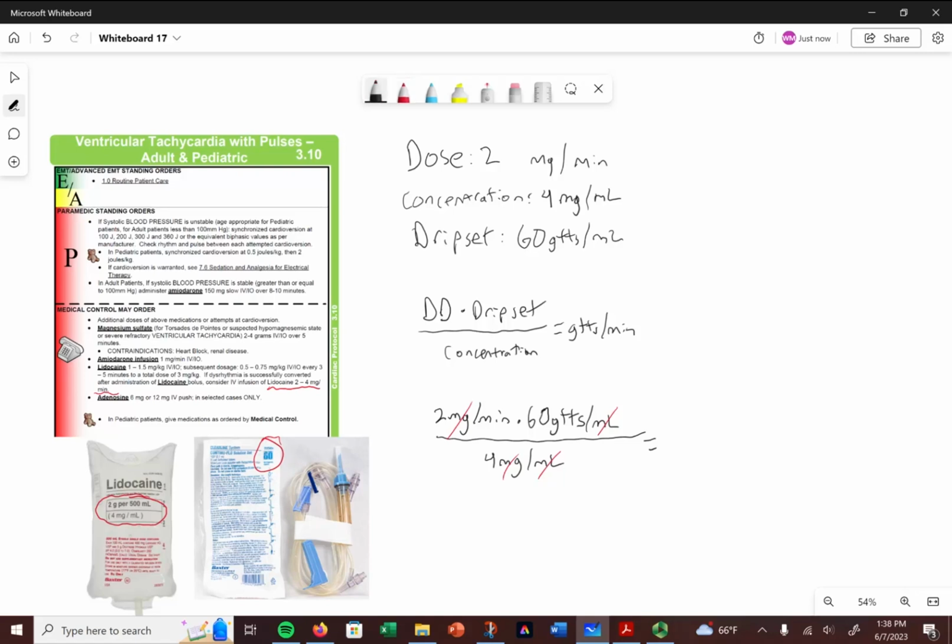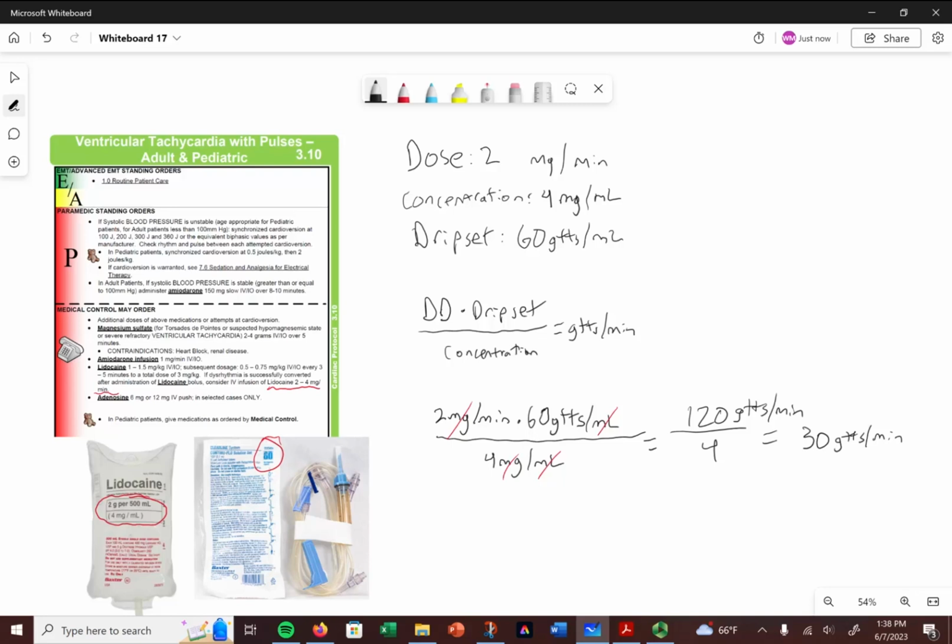So I will do 2 times 60, which is 120, over 4. And I have my GTTS per minute here, and that's where I'm getting those from. So that is going to equal 30 per minute.